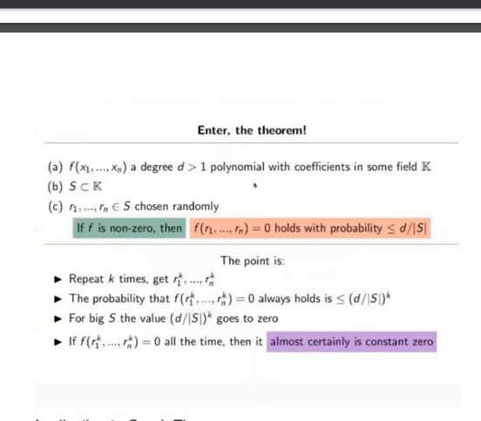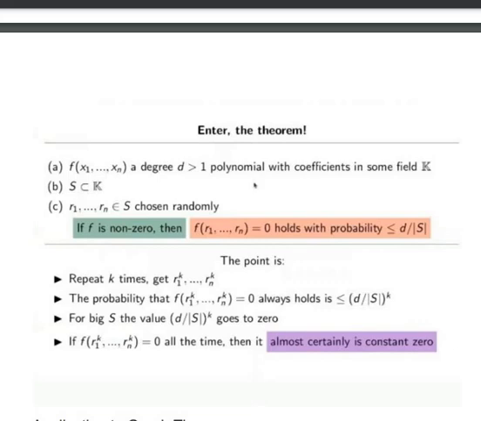You always have this upper bound d over s, which is actually easy to compute. So it's basically for free. Then you have this funny extra condition here: if f is non-zero.